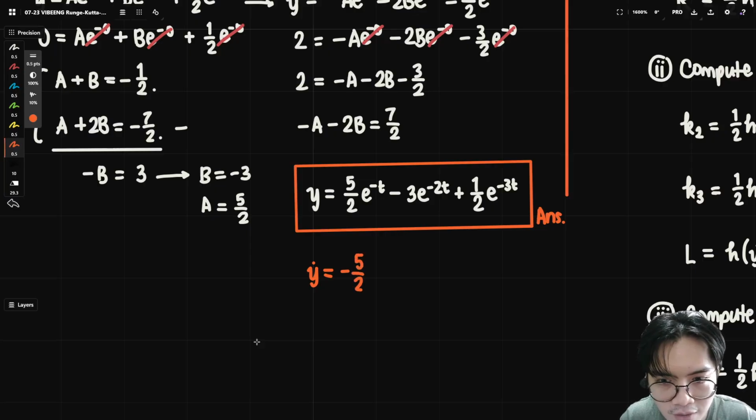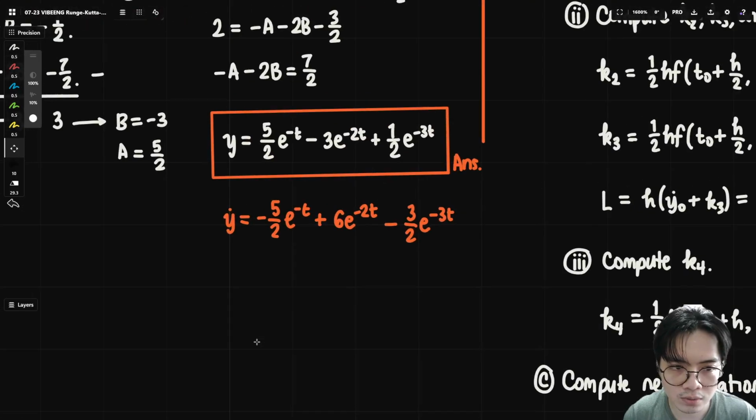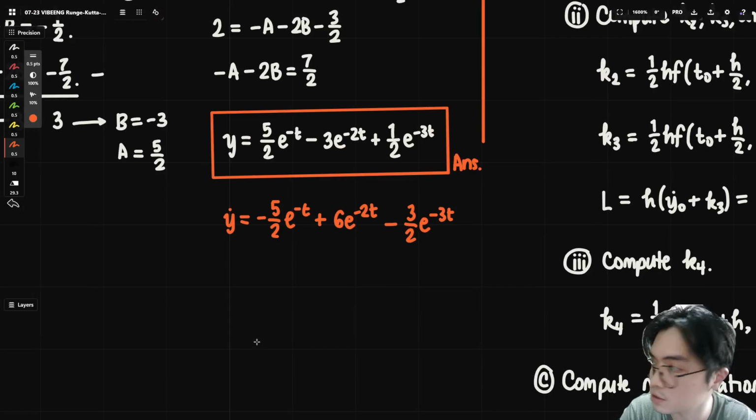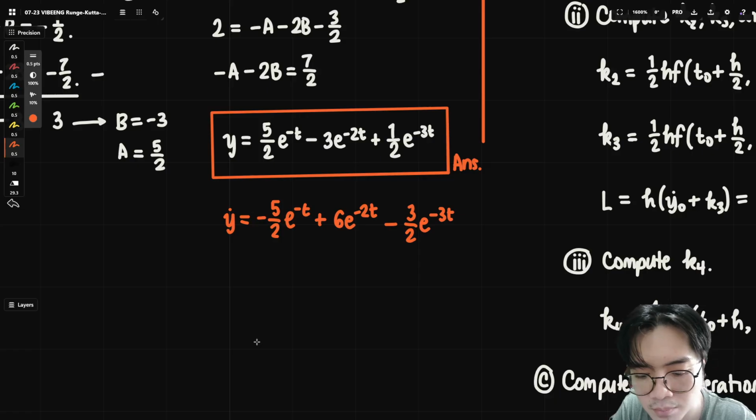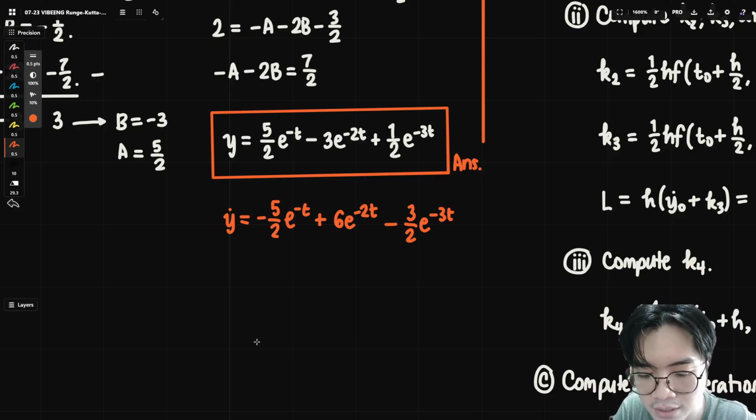Right? 5/2 e raised to negative t plus 6 e raised to negative 2t minus 3/2 e raised to negative 3t. Okay? So, okay. Check na lang natin. Let's put in our values of t equals 0.1 here, 2.5 e raised to negative 0.1, negative 3 e raised to negative 2 times 0.1, and then plus 1/2 e raised to negative 3 times 0.1.